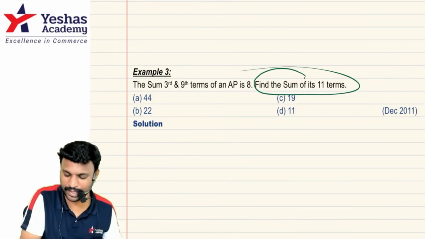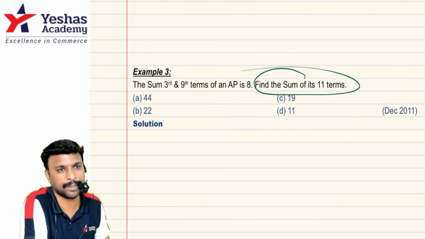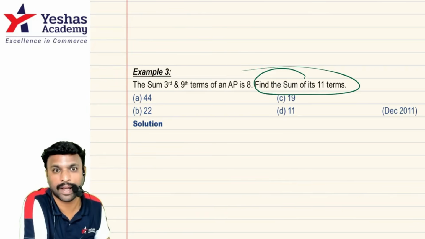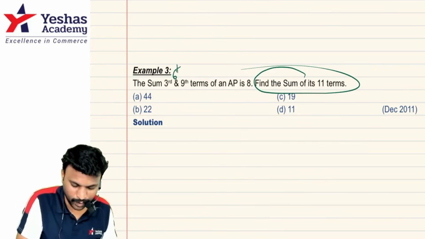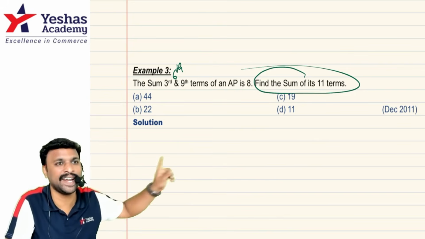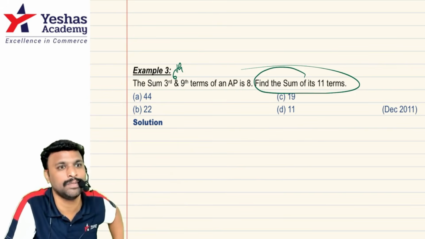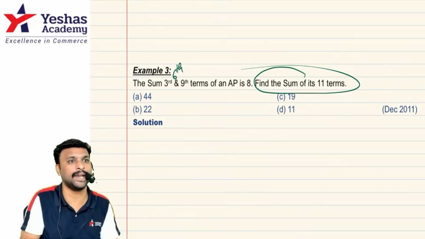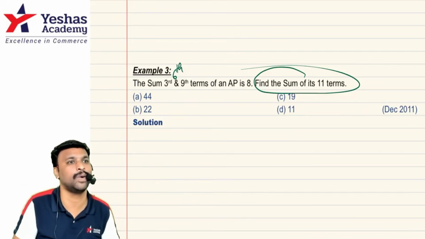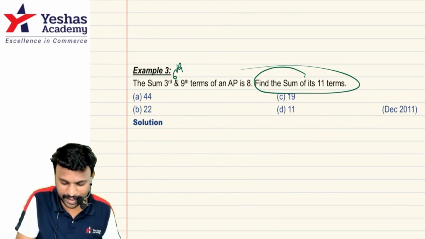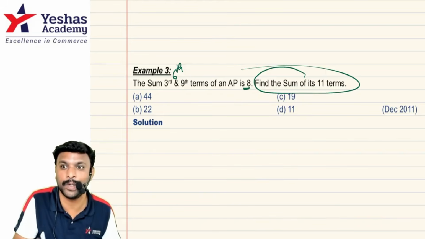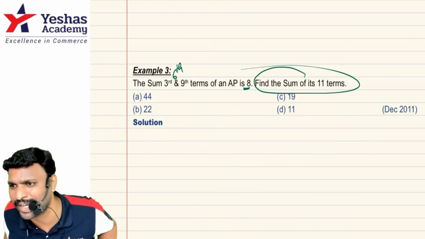Have you understood? Everybody? Yes or no? How many terms do you need the sum for? The middle term is 8. Look, don't you see 3 and 9 are equidistant from the sixth term? Not exactly the neighboring terms, but equidistant, yes or no? If they're equidistant, required sum is equal to given sum by 2 into n, correct?